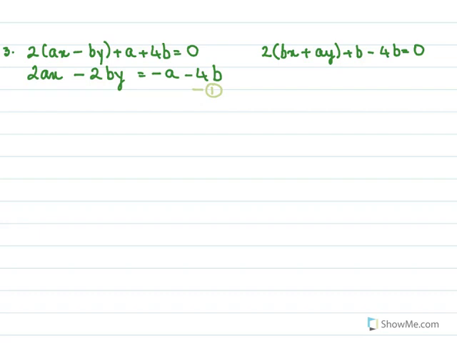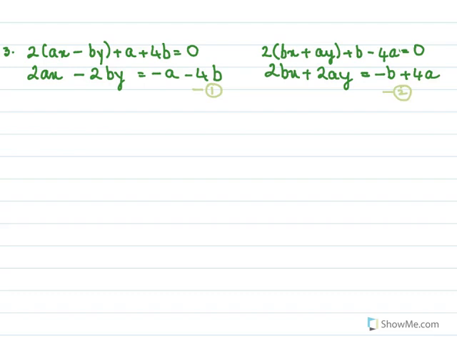Similarly here I'm going to open the bracket. So it becomes 2bx, 2ay, and I'll take both the b terms on the other side. So that becomes equal to plus b on the other side, minus b, and minus 4a goes on the other side, plus 4a, and I'll name this as equation 2.